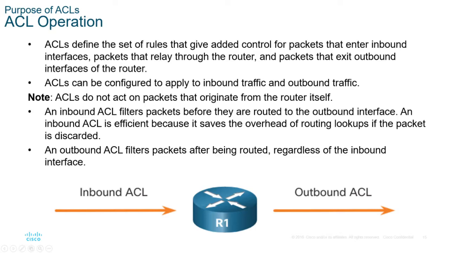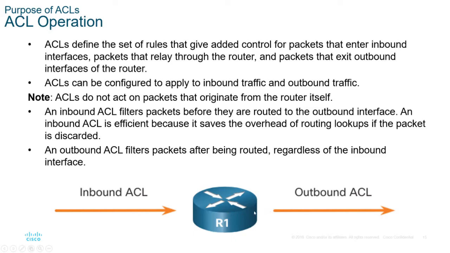Now, if I applied the ACL on the opposite side, say on the right-hand side G01, which is the outbound ACL, what would happen is the traffic would go into our G00 interface on the left here. The traffic would get routed, fully processed, and determined where it was supposed to be sent.